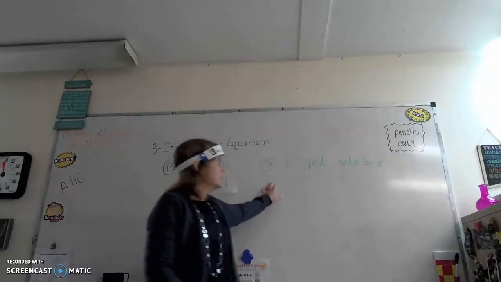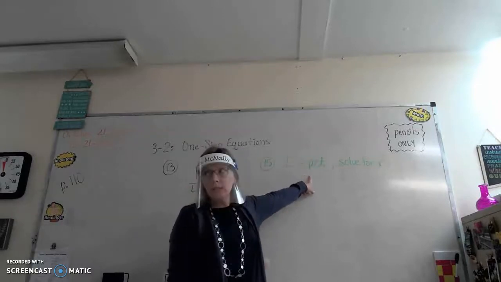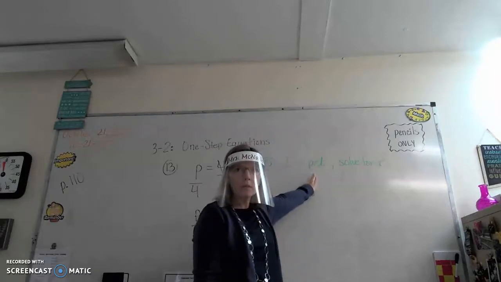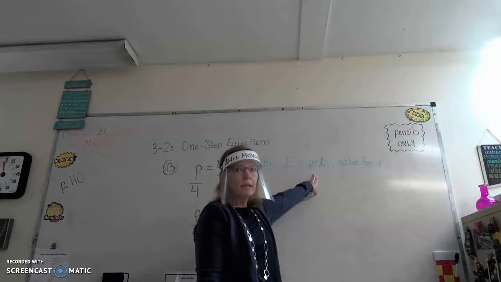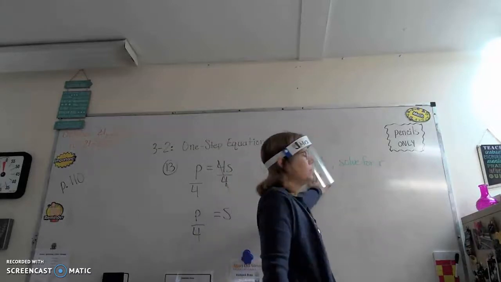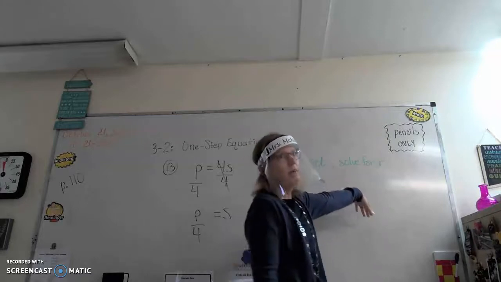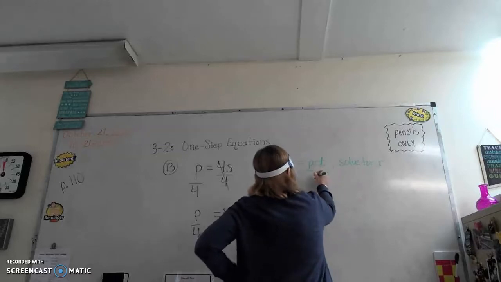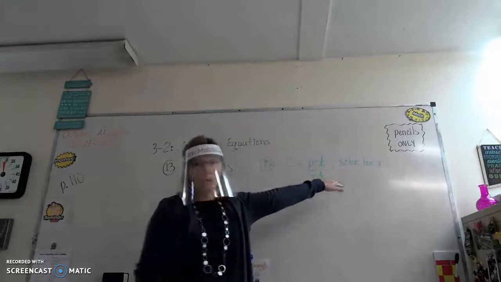Okay, so the last one we're doing is 15. It says I equals PRT. What is the operation happening between the P, the R, and the T? Everything's being multiplied. So we're going to do the opposite because they want us to get R alone. That means I'm going to divide everything by whatever's next to R. There's two things next to R, so I could just do them both at once.